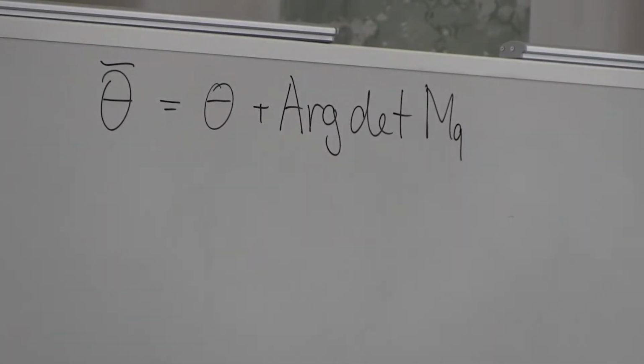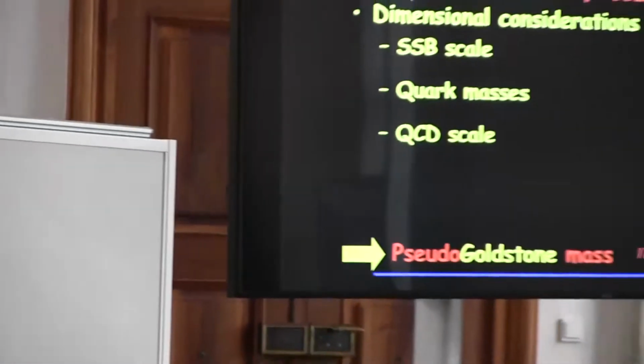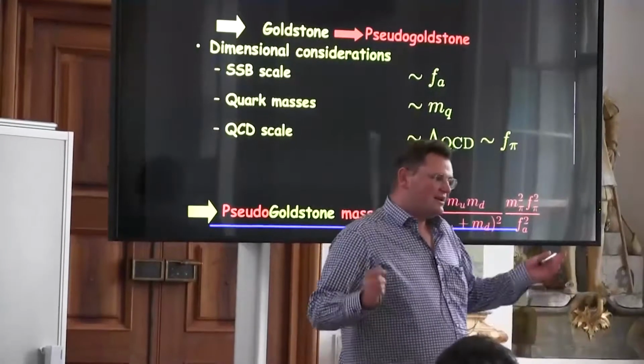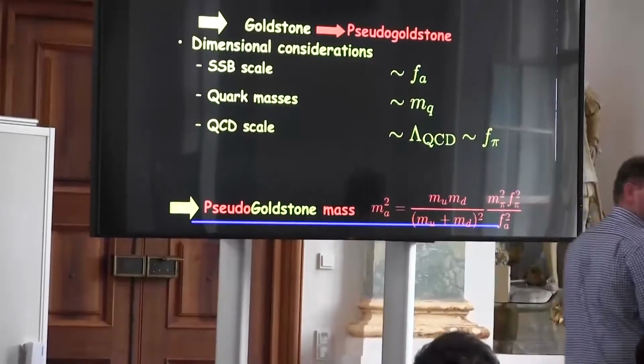And you can now see something interesting, because if one of the quarks, say the up quark, is massless, the determinant is 0, because you have one 0 eigenvalue. And that means the argument of 0 is completely undetermined, so theta can be whatever, and you can also choose it simply to be 0.